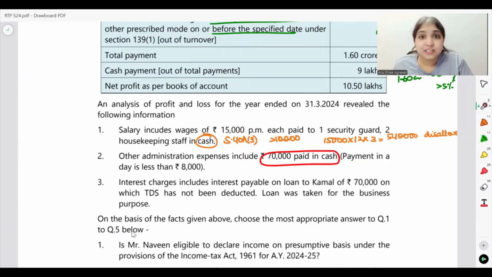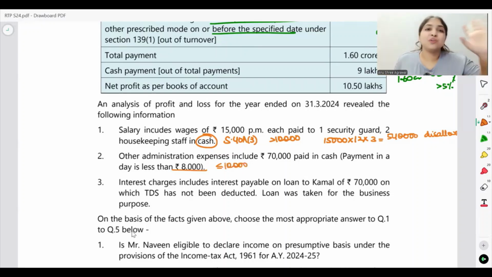Had they stopped over here, I would have said, oh, 70,000, more than 10,000, paid in cash, paid in non-specified mode. Come on, disallow. I would have said that straight away. But see what they've given in brackets. Payment in a day is less than 8,000. So in a day to a person, has it exceeded 10,000, guys? No, payment in a day is less than 8,000, which means payment per day is within 10,000, guys.